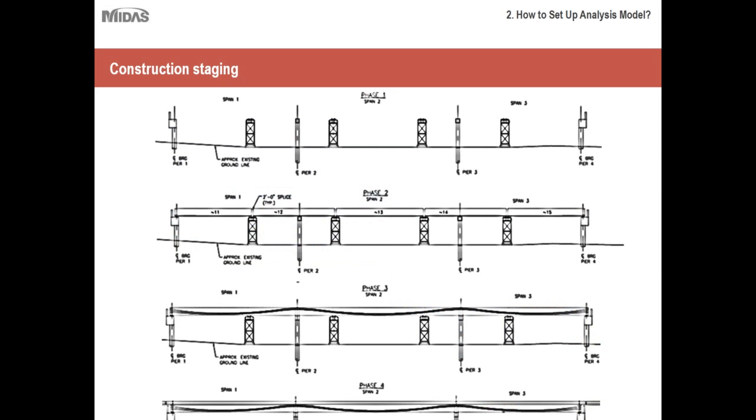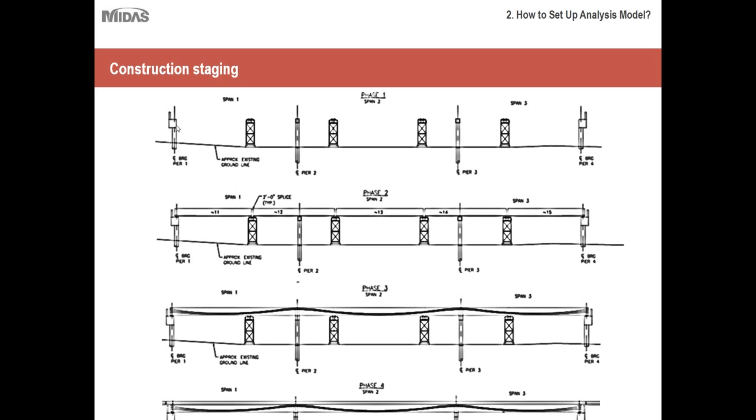So if you look at the standard construction staging scheme as presented by major DOTs, it is as shown here. It is the same bridge that we were talking about in the layout. It is a 3-span bridge.